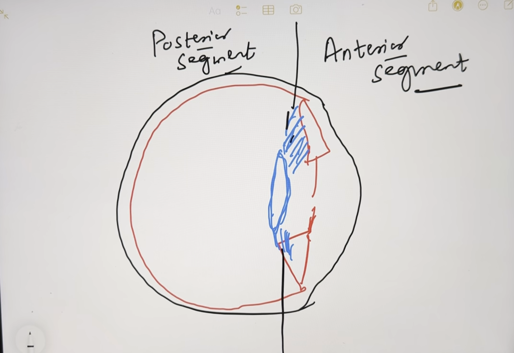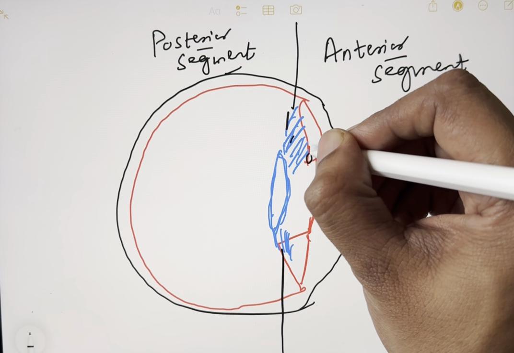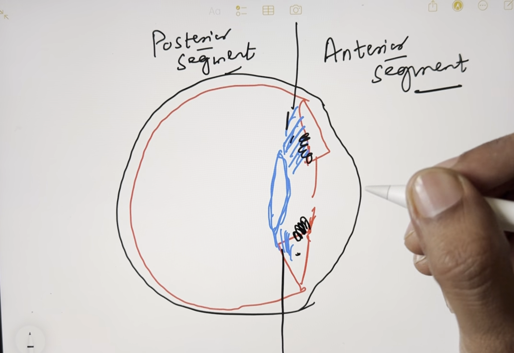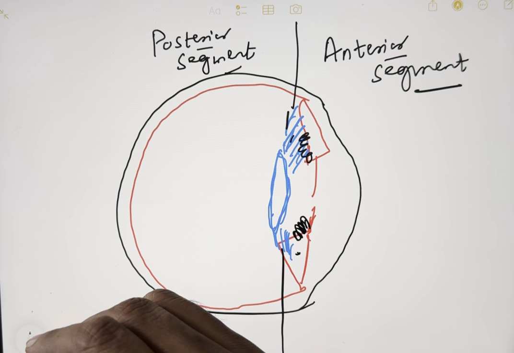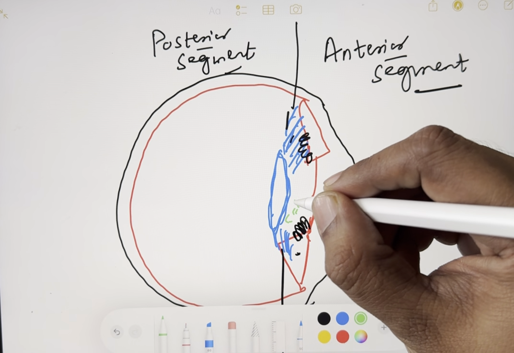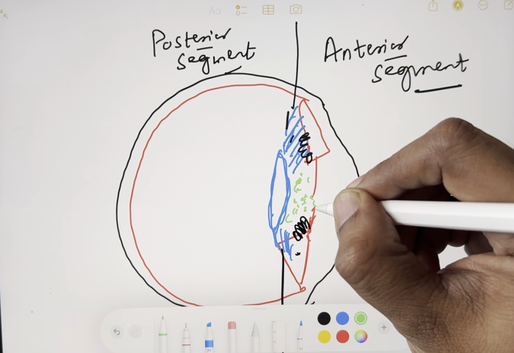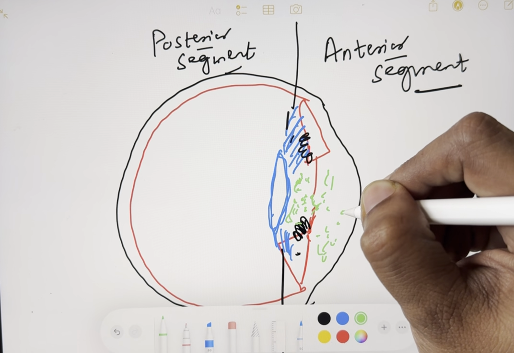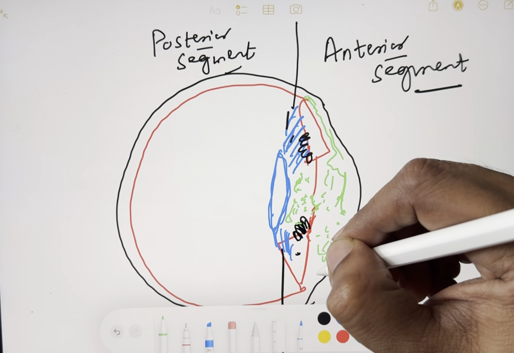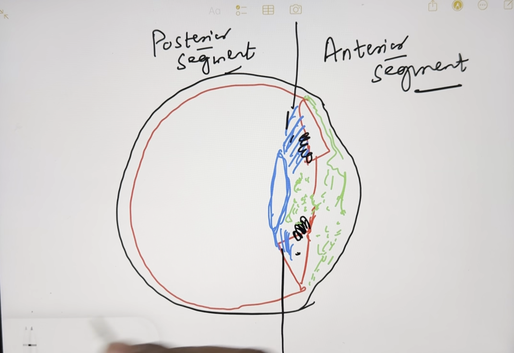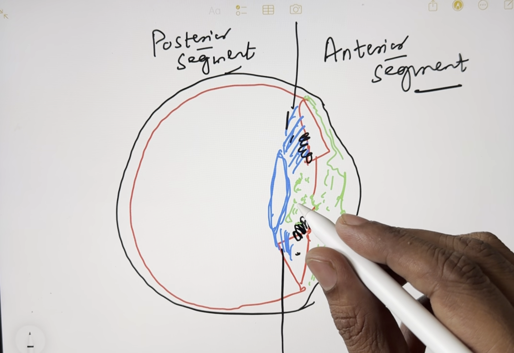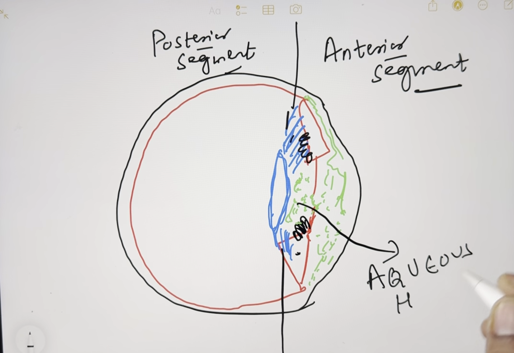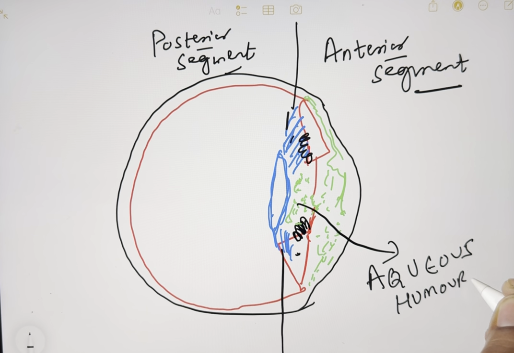As I already said, through the ciliary processes, one fluid is secreted from the ciliary body. That fluid secreted by the ciliary processes will go into this chamber, and this fluid, which I am highlighting with this green color, is known as aqueous humour.